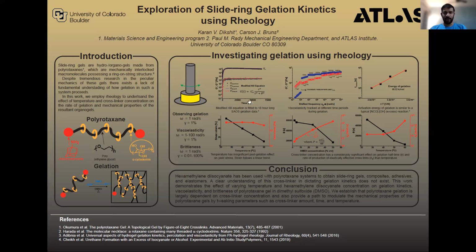So we get some fitting parameters from this, such as G prime infinity, which is the plateau modulus, the alpha value, which is the fitting exponent, and theta, which is the gelation half time. So basically, the time at which the G prime is half of the G prime infinity value.